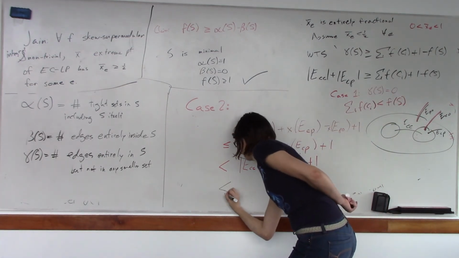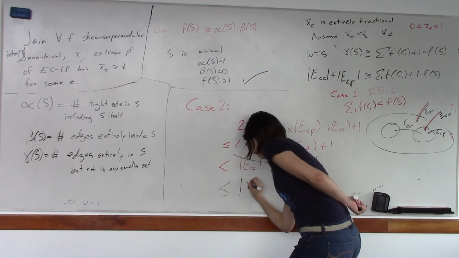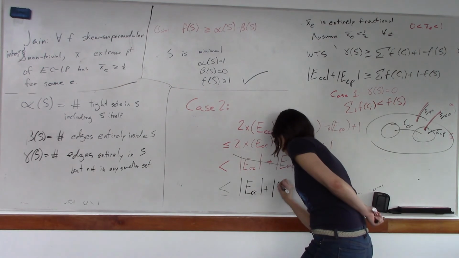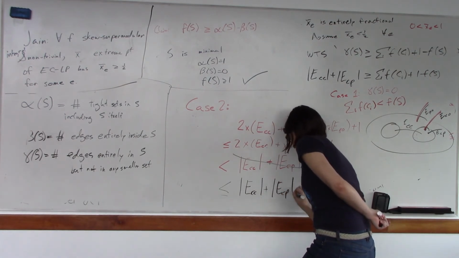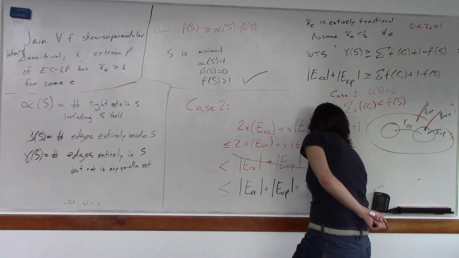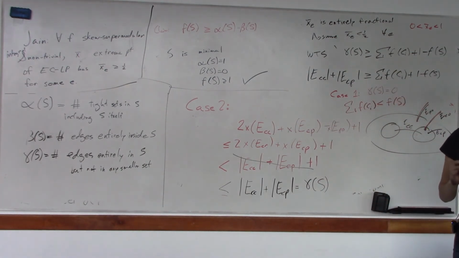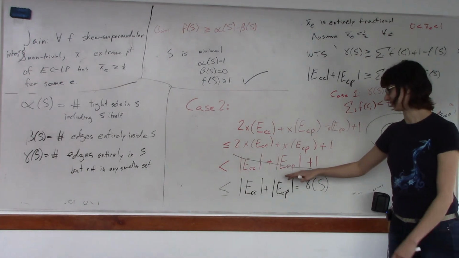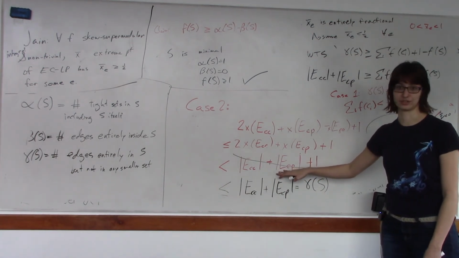And so we have less than or equal to ECC plus ECP, which is just our gamma s. You can just drop it because this is an integer.